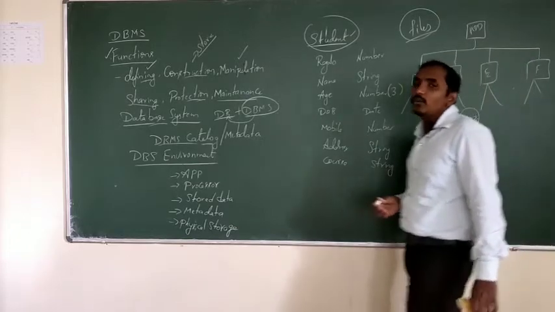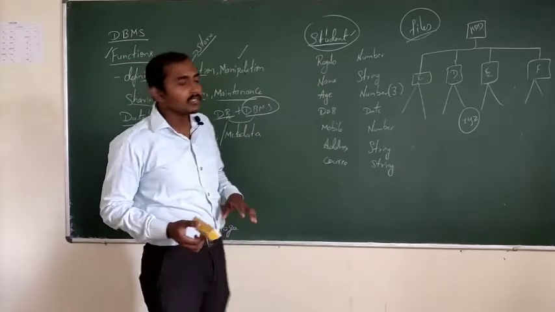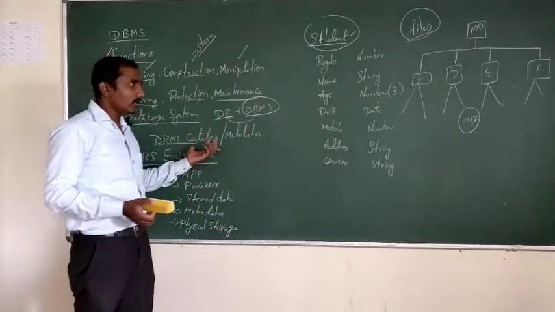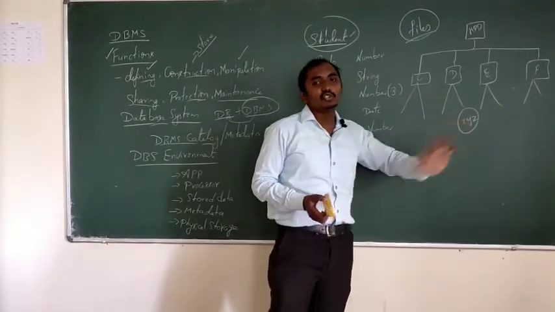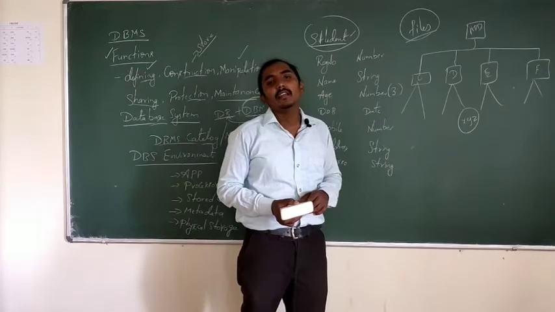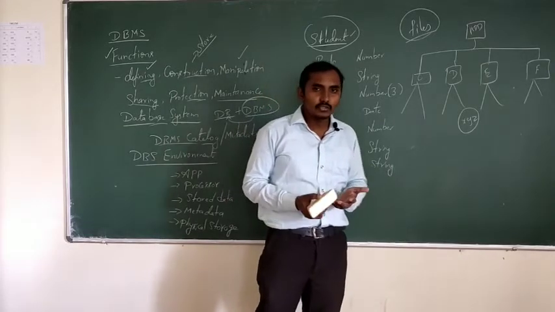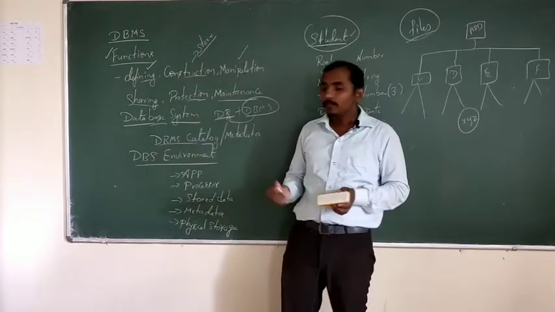Similarly, whenever you want to access any tables or data present in the database, we'll have a definite catalog. The catalog contains the information on how the data is stored, whether in hierarchical order, sequential order, alphabetically, or in which order. Those details will be provided by the DBMS catalog.